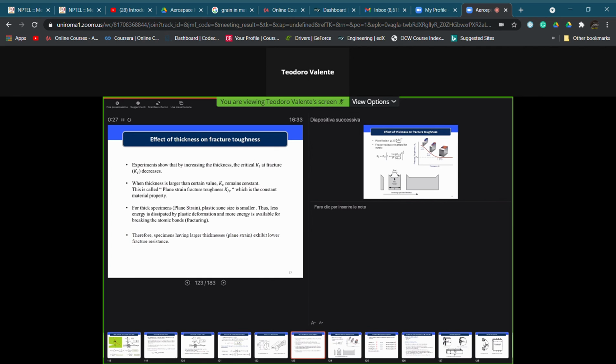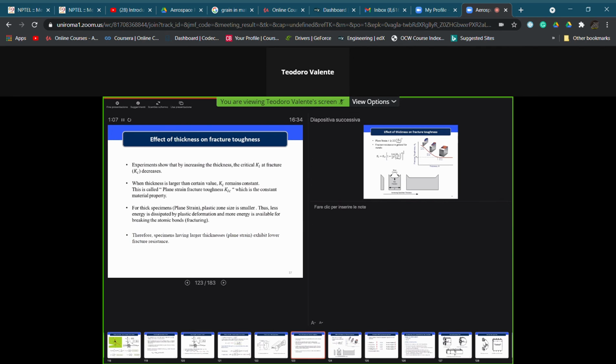First of all, that's an experimental result which shows us that if we increase the thickness of the specimen, the critical value of the stress intensity factor, which we call Kc, is going to decrease with respect to the constant condition, which in this case we call K1C, which refers only to the case of plane strain.